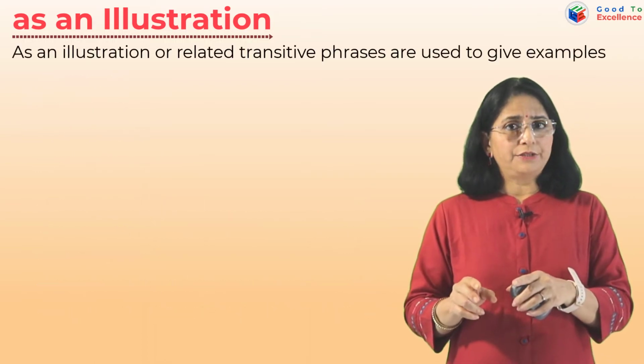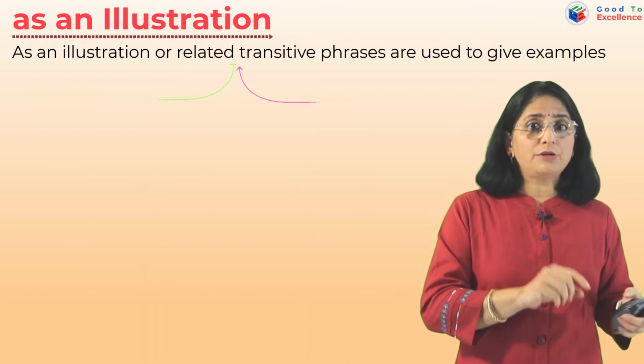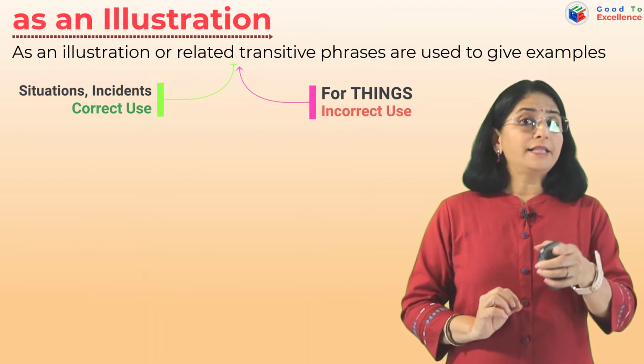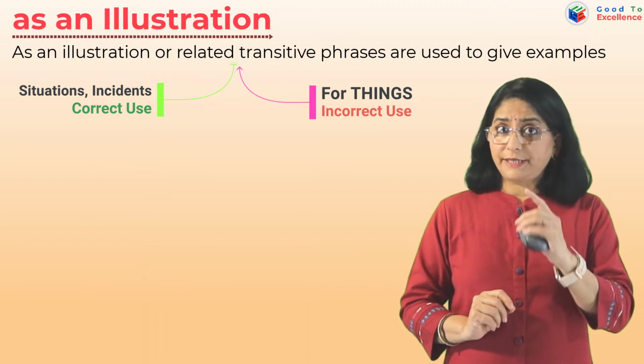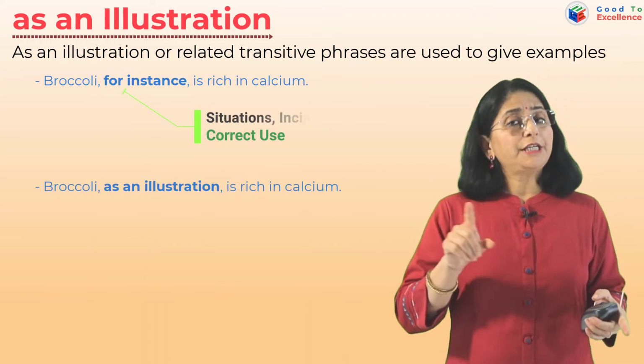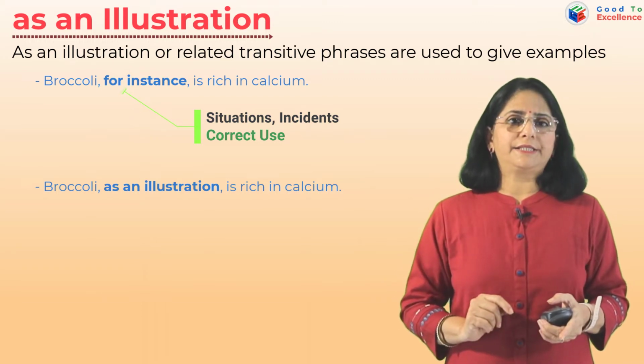As an illustration or related transitive phrases are used to give examples of situations and incidents rather than things. For example, broccoli, for instance, is rich in calcium. This is the right sentence.